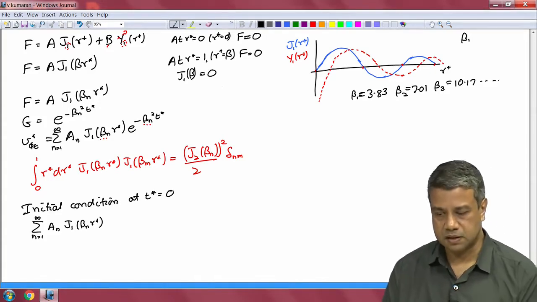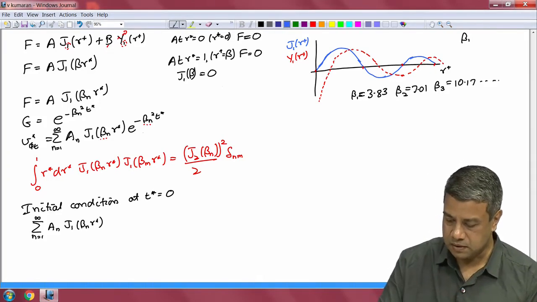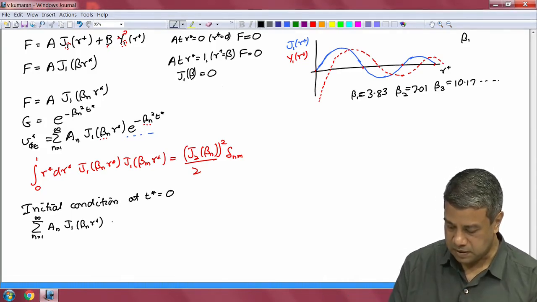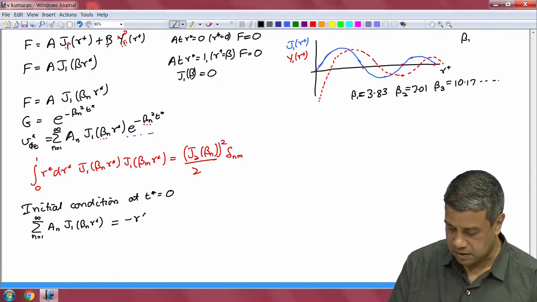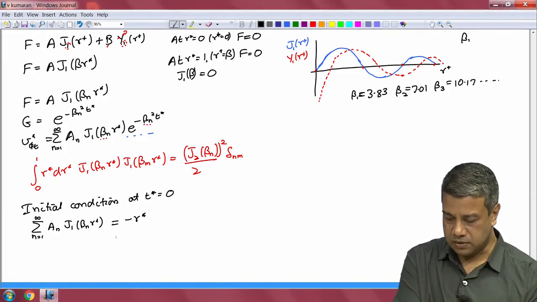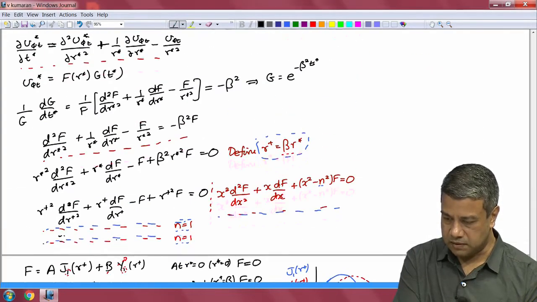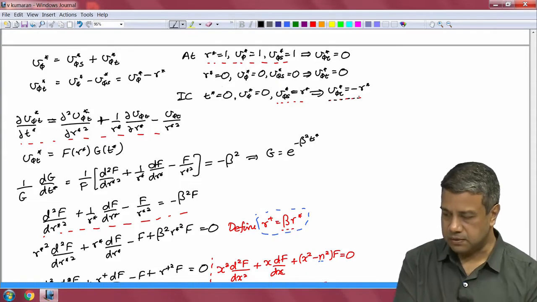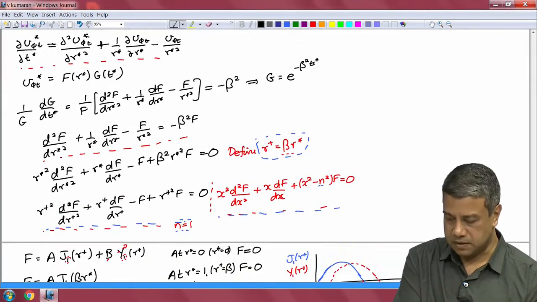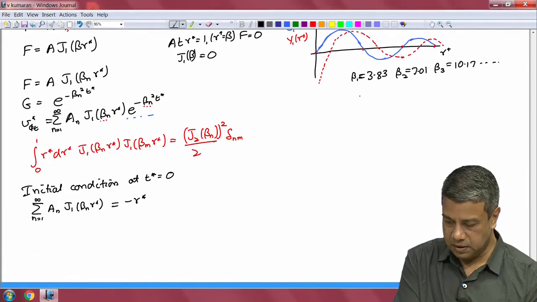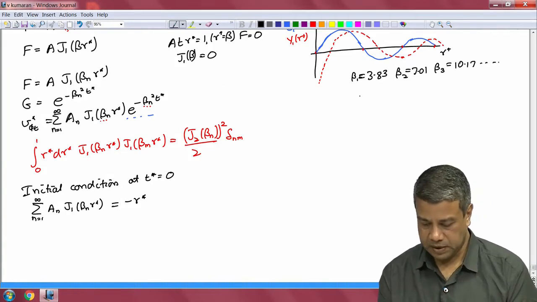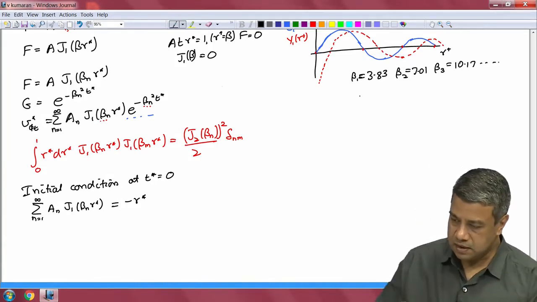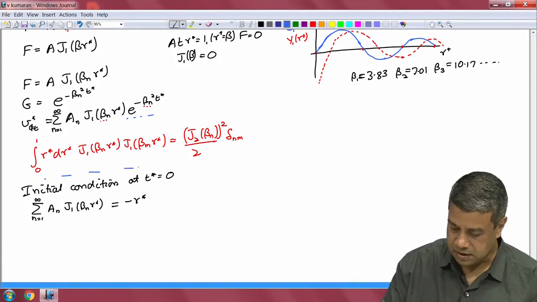At t star equal to 0, these exponentials all become equal to 1, and this has to be equal to minus r star, the negative of the steady solution. That is the initial condition, if you recall. So, the coefficients a n are determined using this orthogonality relation.